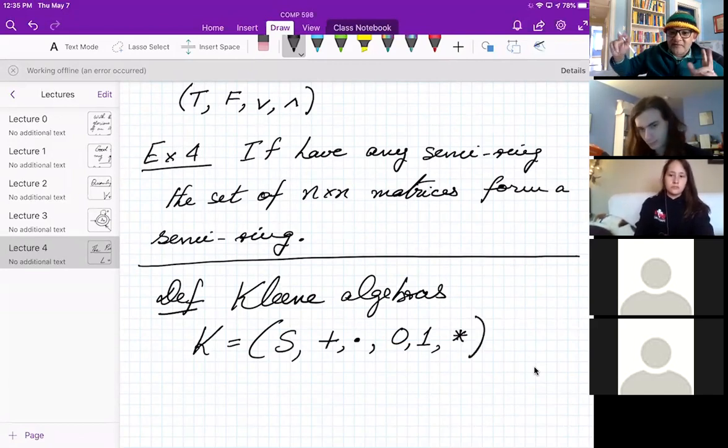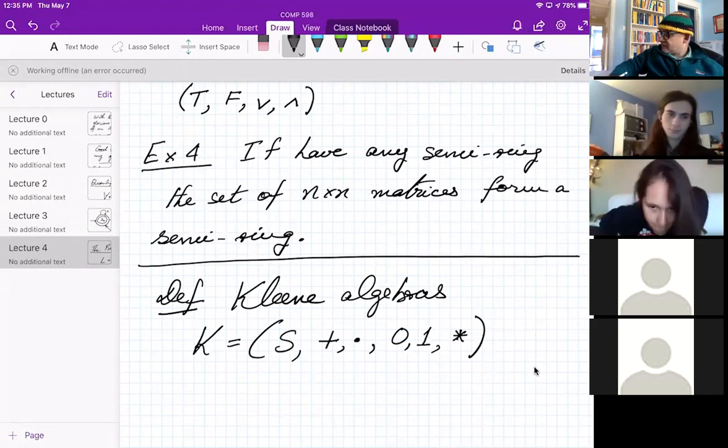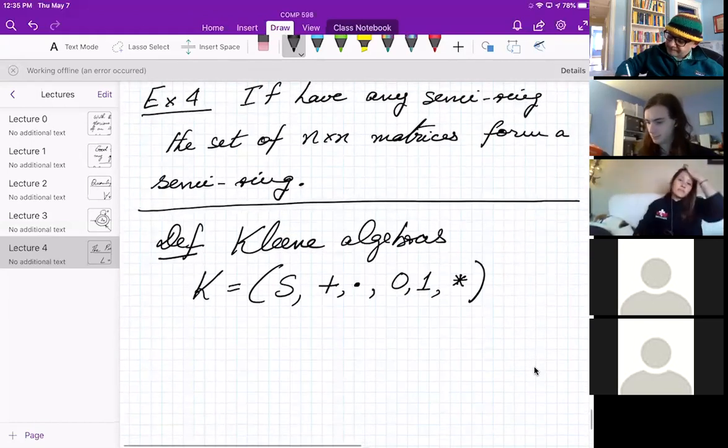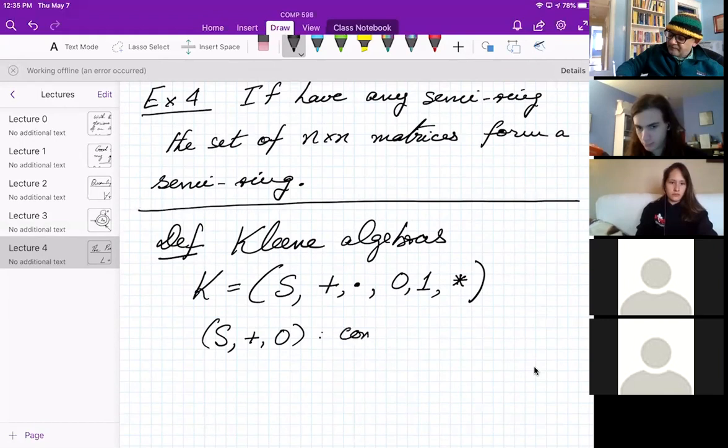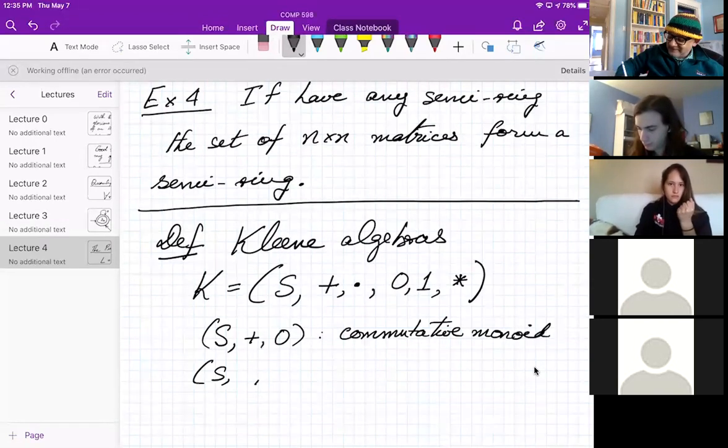And you should think of this as I'm about to axiomatize the Kleene star operation. So what are the axioms? K plus 0 forms a commutative monoid. K times 1 is a monoid.